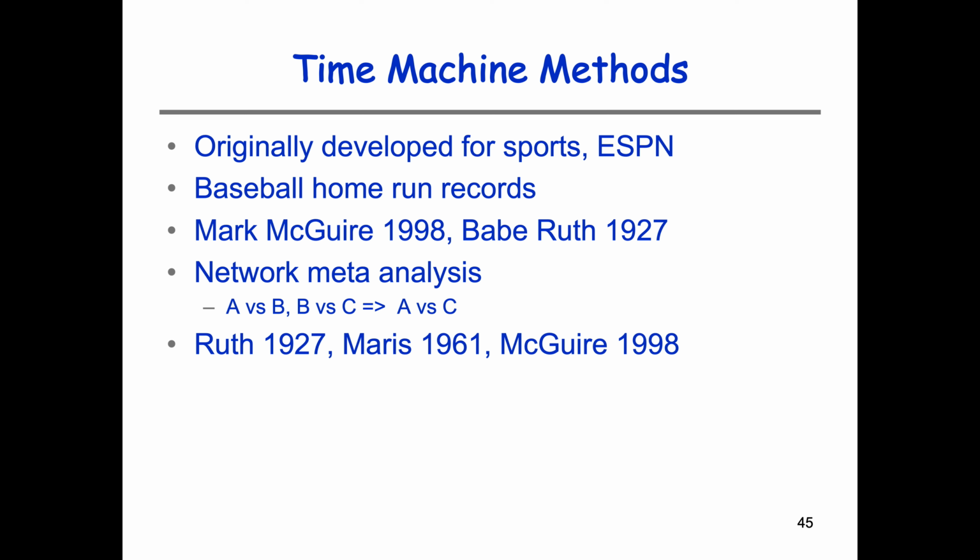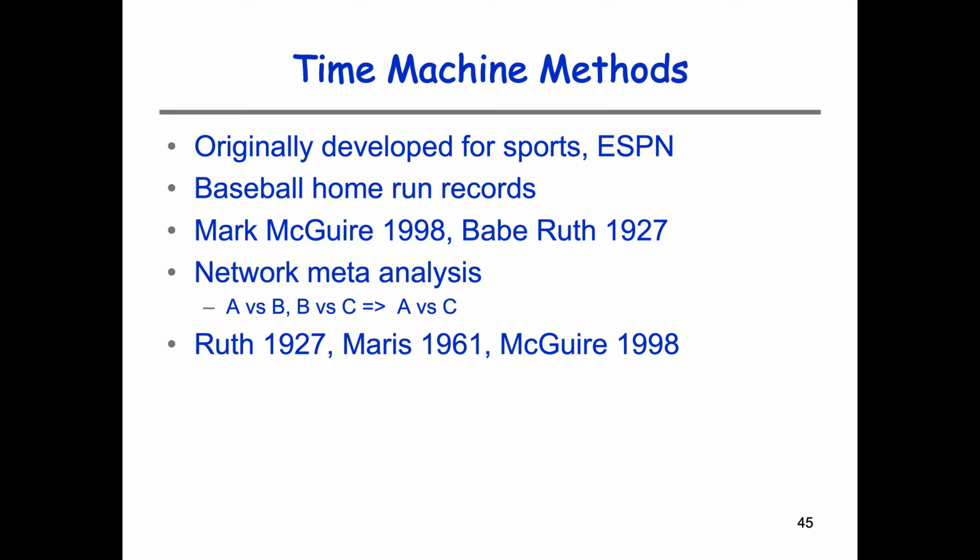Mark McGwire set a record in 1998 and beat Babe Ruth's record of 1927. Well, how do we compare 1927 with 1998? There were differences in rules and the length of the season, the nature of the ball, etc.